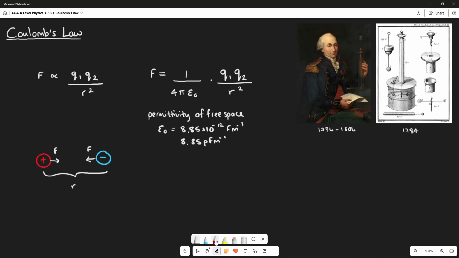For example, this might be a proton and this may be an electron. If you are dealing with large spherical objects, for example, the nucleus of an atom, and you may only have a single electron over here, then we take that radius to be from the center of the sphere.